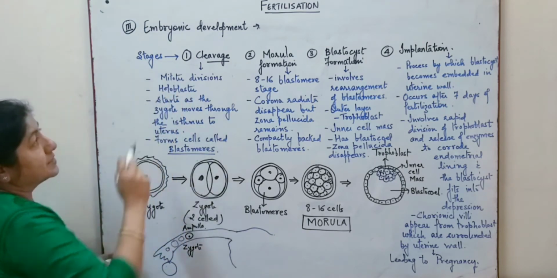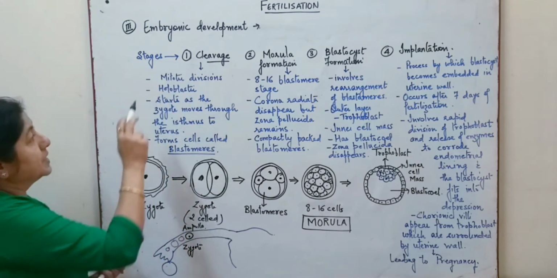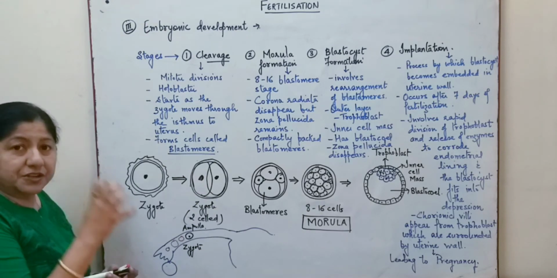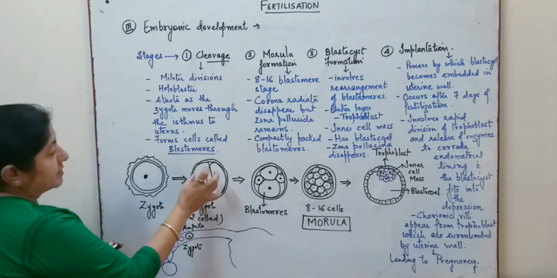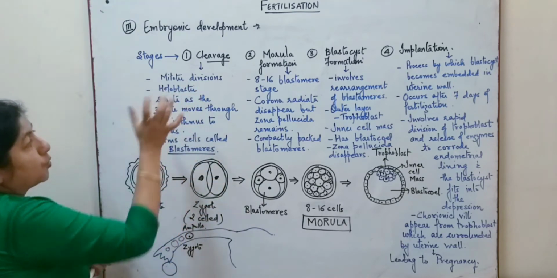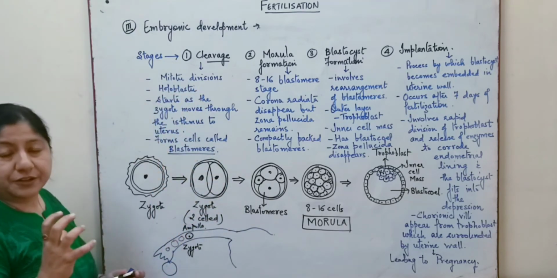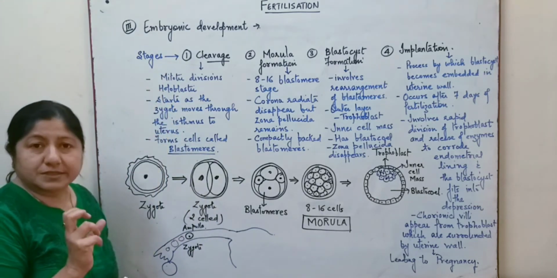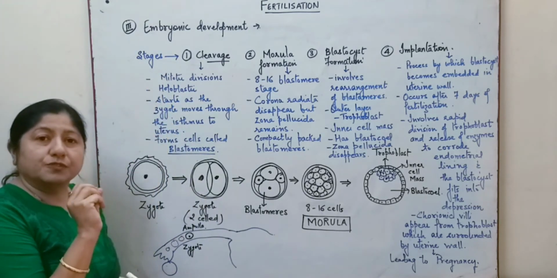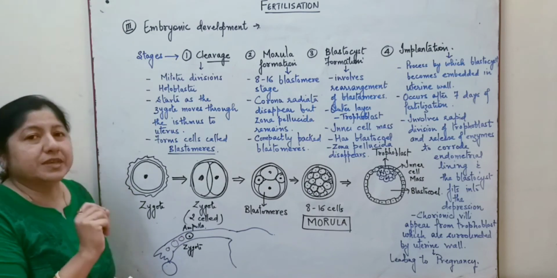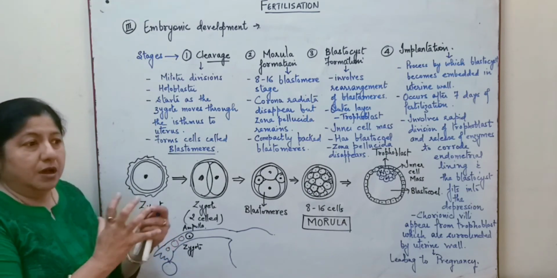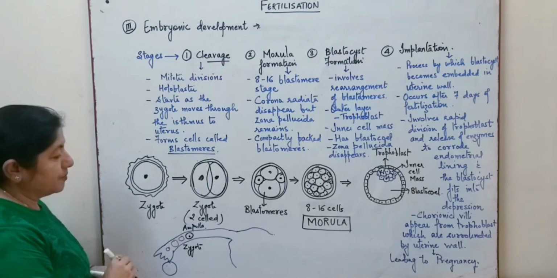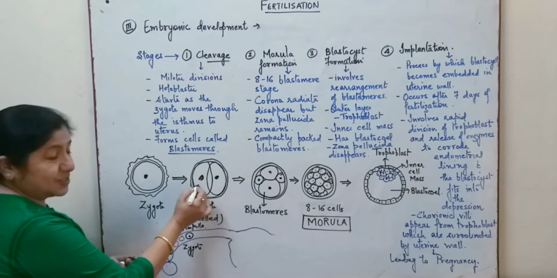As soon as the zygote is formed, it undergoes mitotic divisions, and these divisions are holoblastic because the amount of yolk which is present is very, very less.